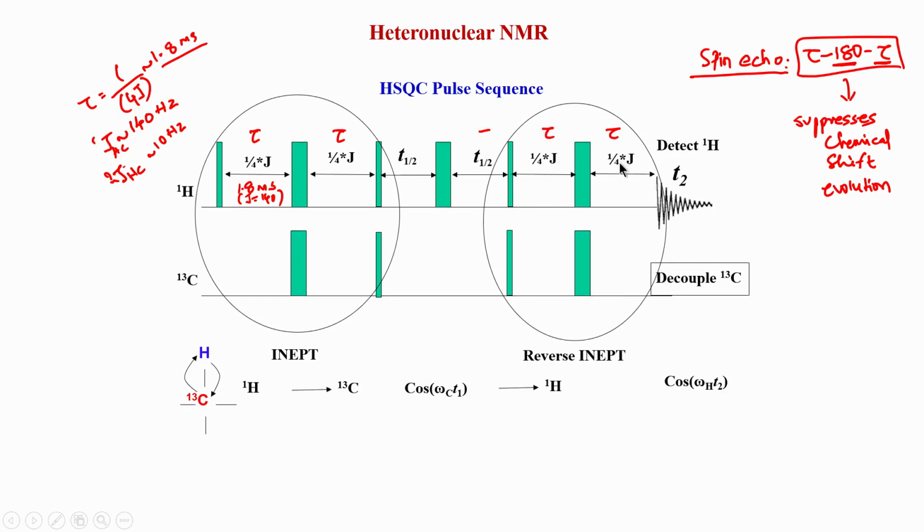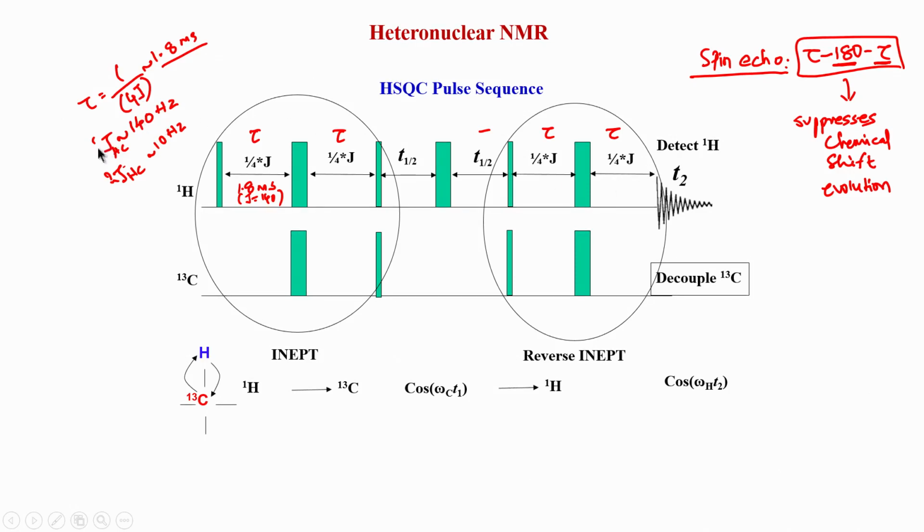So, 2 times tau is 1 by 2J, and we did some calculation and showed that you have to adjust this tau value to the J value. J is in the denominator, remember, not in the numerator as it appears here. So, 1 by 4J in the denominator, 2 times is 1 by 2J, and that turns out to be about 1.8 plus 1.8, a total of about 3.6 milliseconds from here to here, assuming a coupling value of 140 hertz.